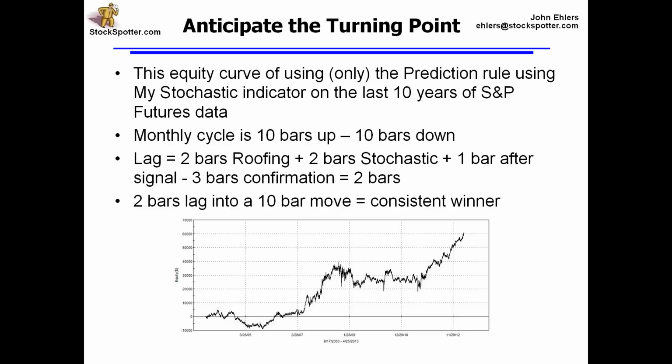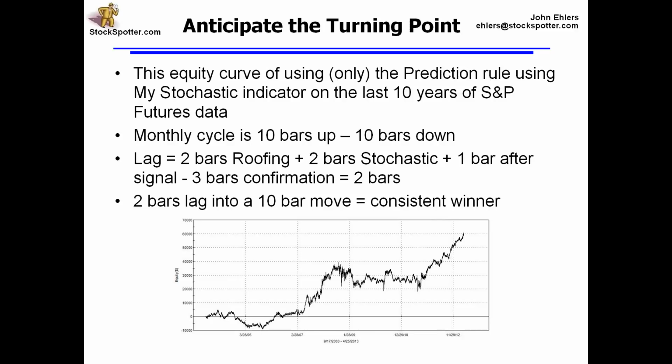The result is we have only a net 2 bars of lag with respect to the real turning point in prices, and so we're only 2 bars into a 10 bar move, and we get a consistent winner. So that's the theory of it. And so we're anticipating the turning point to make our entry.